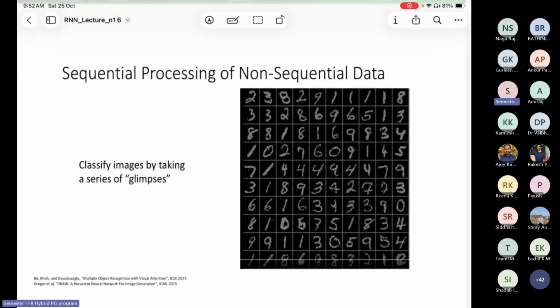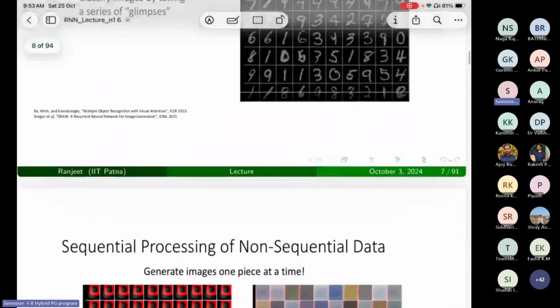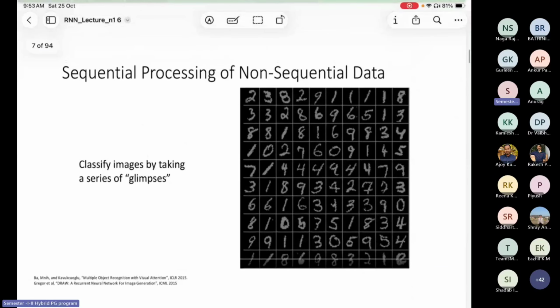We have handwritten digits, and in that dataset we have 10 classes, 0 to 9, and for every digit we have a lot of handwritten images. This paper was published in ICML 2015, ICLR 2015, and they tried to classify it.